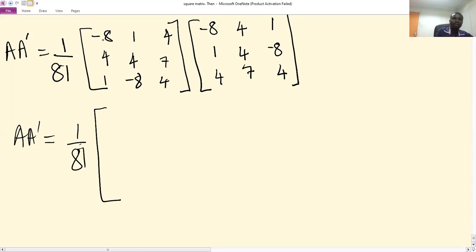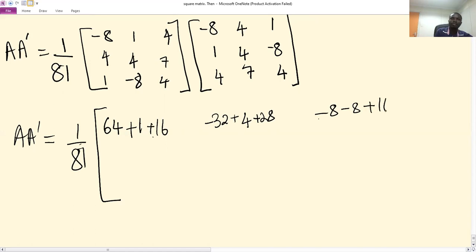So we have -8 times -8 is 64, plus 1 times 1 is 1, plus 4 times 4 is 16. Then -8 times 4 is -32, plus 1 times 4 is 4, plus 4 times 7 is 28. Then -8 times 1 is -8, 1 times -8 is -8, 4 times 4 is 16.